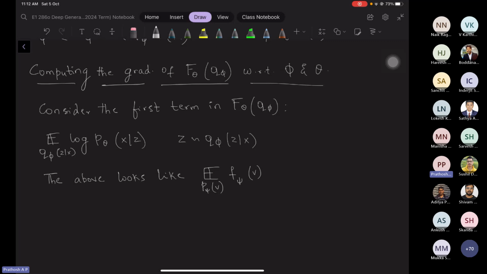Any questions on this? Okay, let me write it down. Here, f psi of V is actually log of p theta of x given z, and p psi of V is simply q phi of z given x, where V is z, and psi is phi. Is this okay?